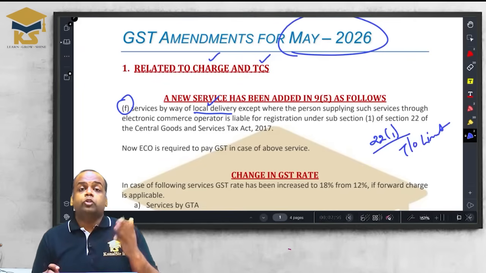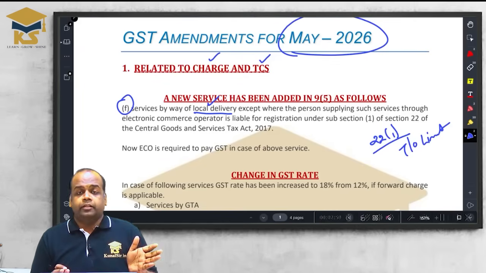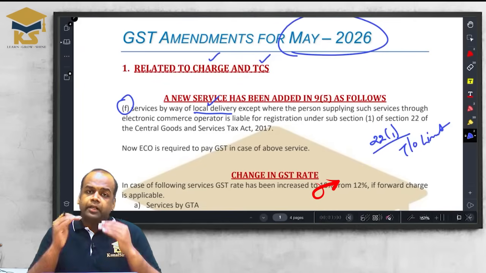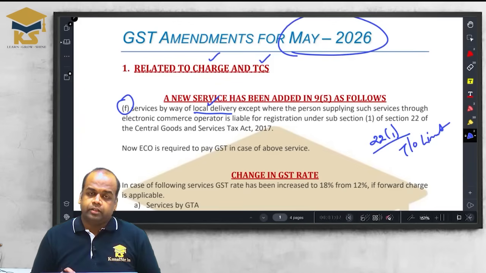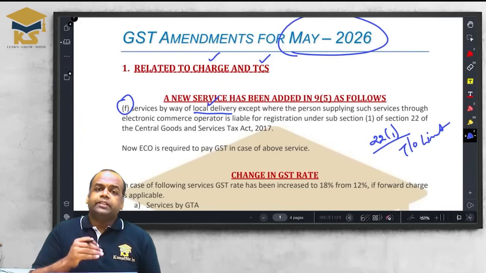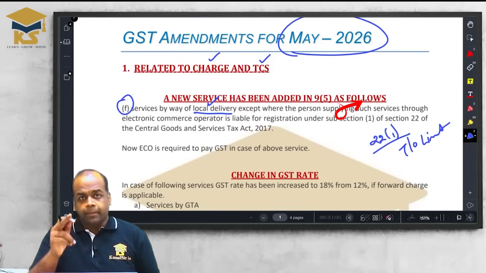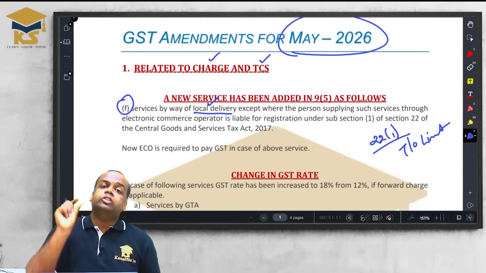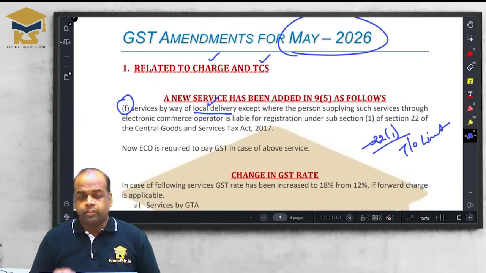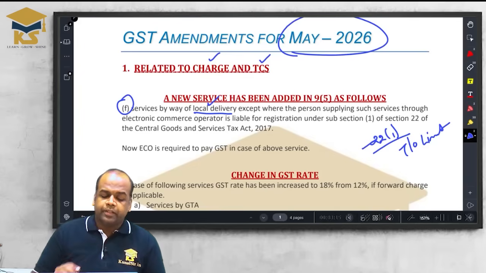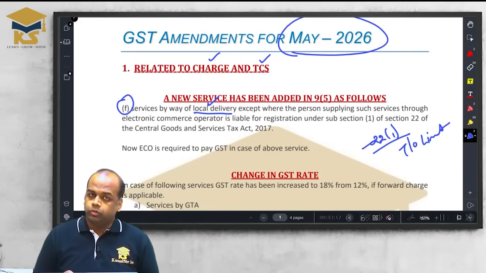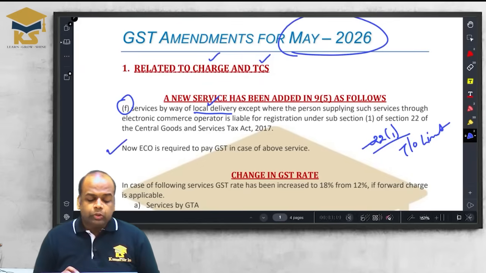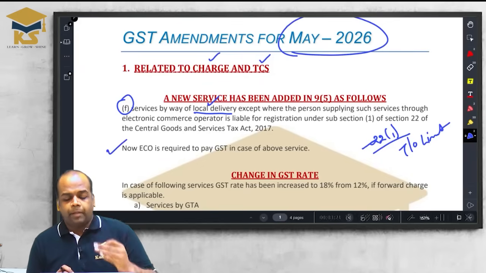So your turnover should be below 10 lakh or 20 lakh. Then only this provision is applicable, like in the case of hotels. If hotel services are provided through an e-commerce operator, remember who is required to pay GST? E-commerce operator, if the hotel is not required to get registered under section 22(1). The same provision is made applicable for local delivery also. So now ECO is required to pay GST in case of the above services.